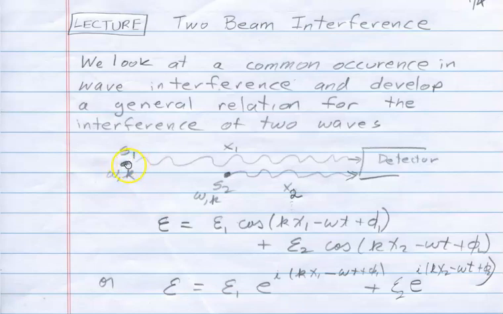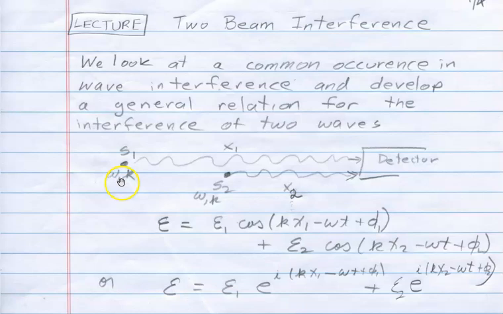I'm going to assume that source 1 is a distance x1 from the detector. The detector could be your eye. Nowadays, it's probably some sort of photodetector, and S2 is a distance x2 from it.